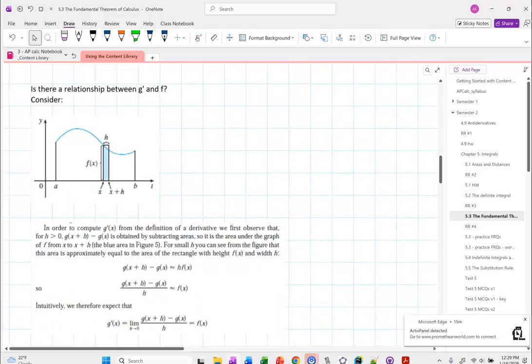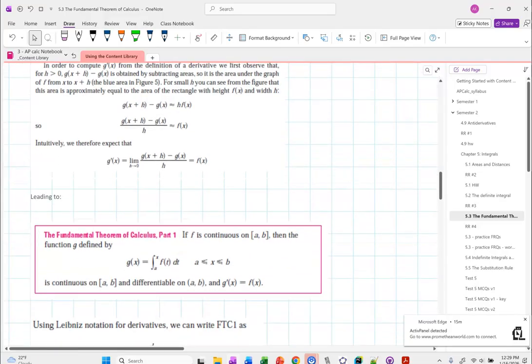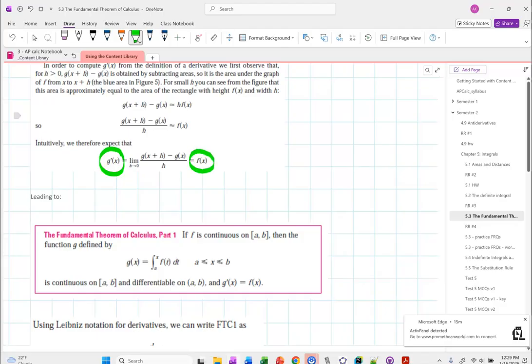So the long and short of it is, we're going to skip doing some of the idea. But the derivative of this area function is f of x.